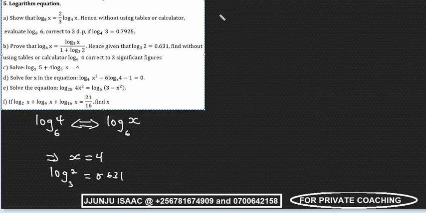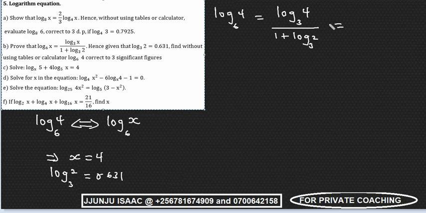So we shall find our log base 6 of 4 as, by substituting, log base 3 of x, and our x is taken to be 4 now, over 1 plus log base 3 of 2. We don't have any problem in the denominator because we have log base 3 of 2 as 0.631.